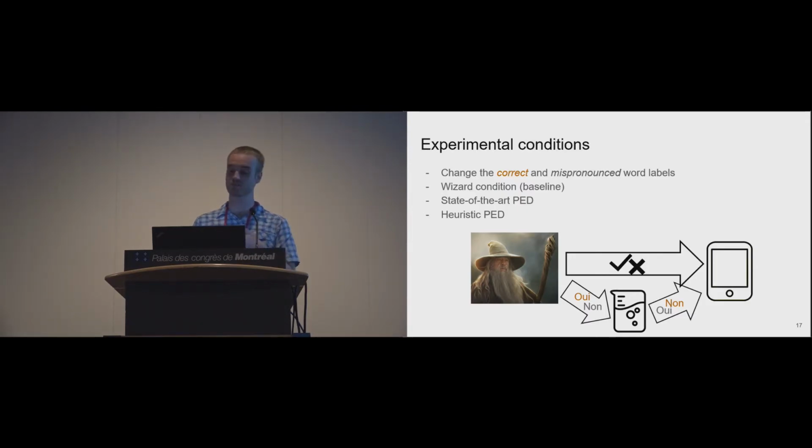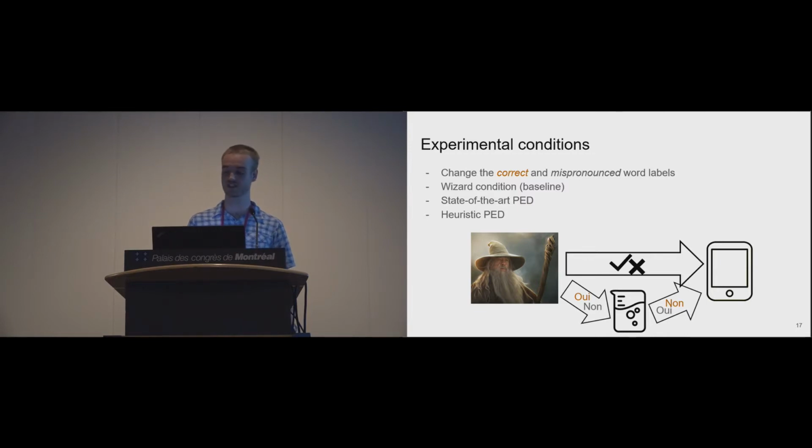To measure only the PED, we change only what a PED can change. These are the words marked correct or mispronounced by the wizard. We distributed 3 experimental conditions over each of the 3 sections. The 3 experimental conditions are the baseline, where wizard labels are unchanged, a state-of-the-art PED published in engineering literature, and a simple rule-based heuristic PED.